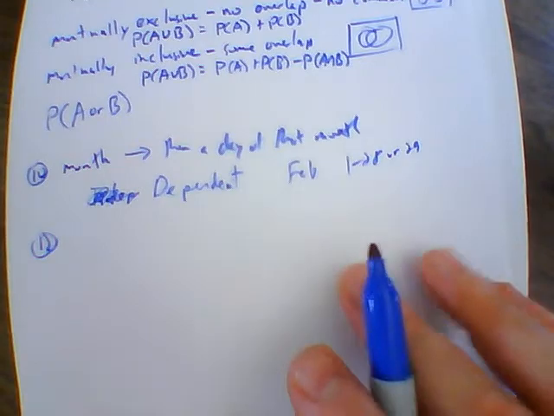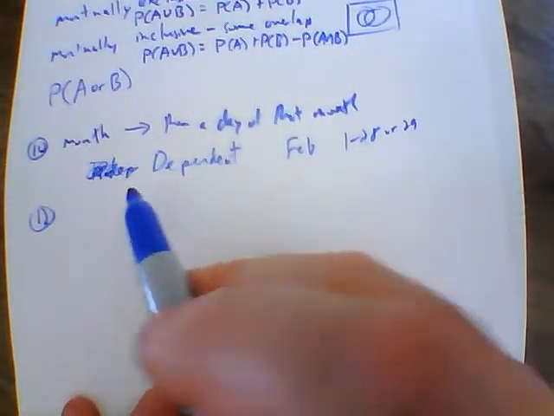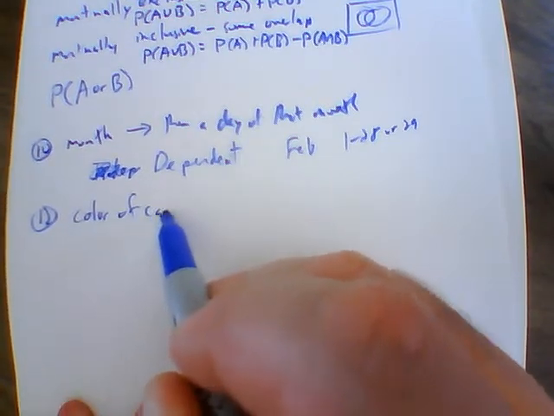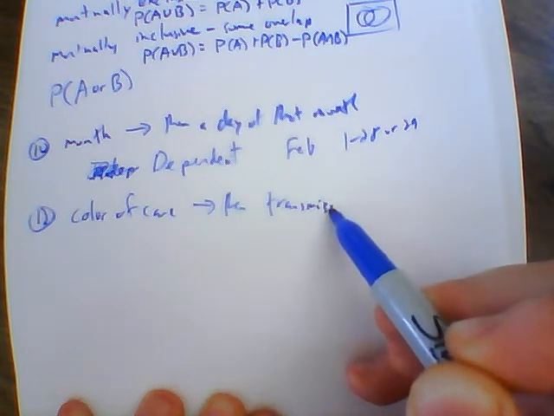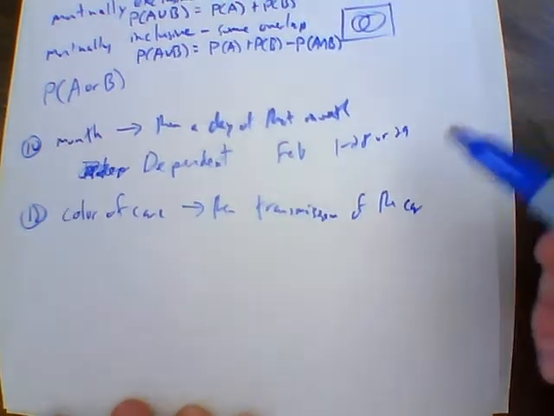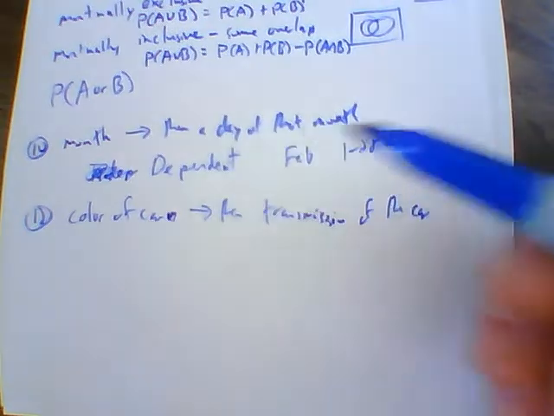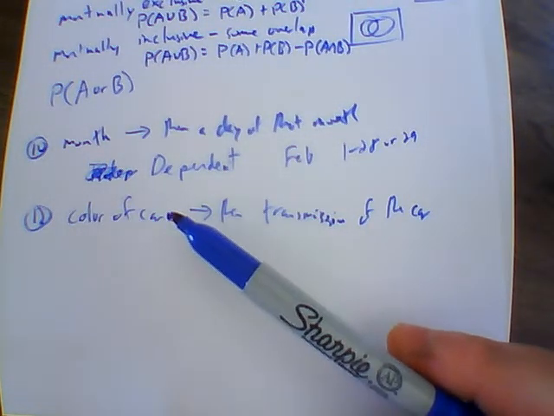On number 12, number 12 says the color of a car and then the transmission. So color of car, then transmission of the car. The color of that car could be blue.